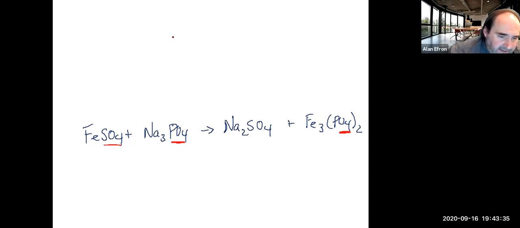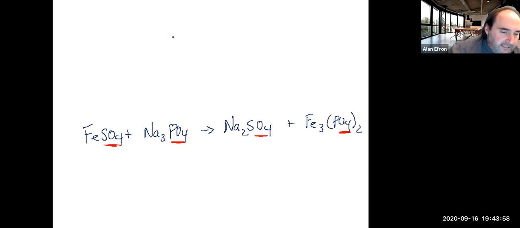This is sulfate and this is sulfate, which looks exactly the same. Sometimes when you have equations that you want to balance with these polyatomic ions in them, it is a lot easier to just keep them together and balance them as whole units rather than go element for element, because then you've got to multiply in the parentheses and all those types of things.